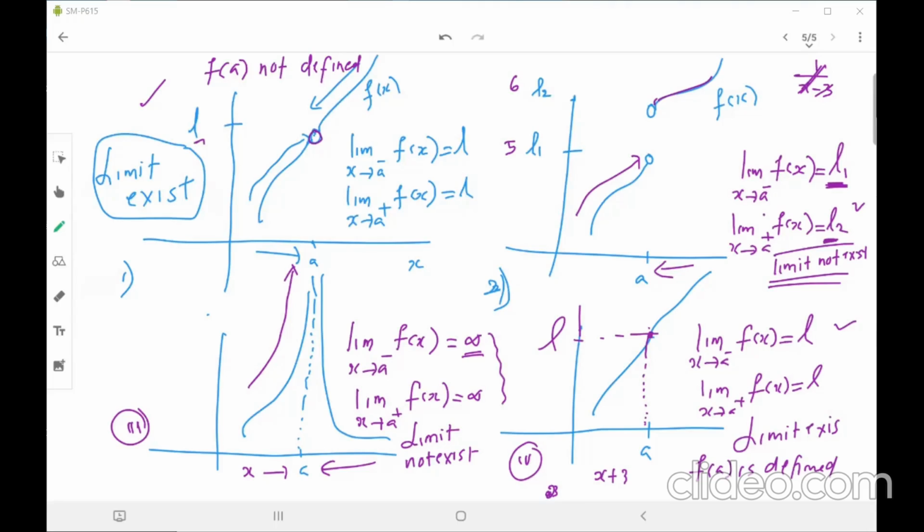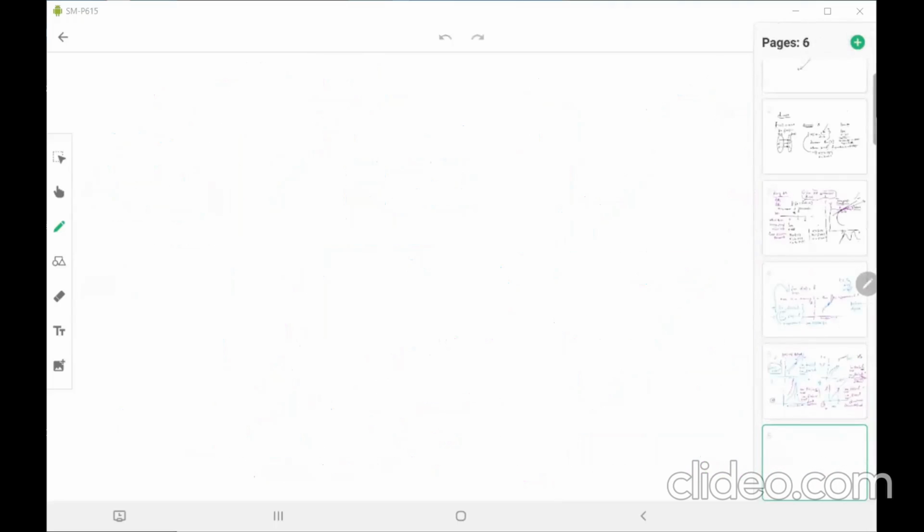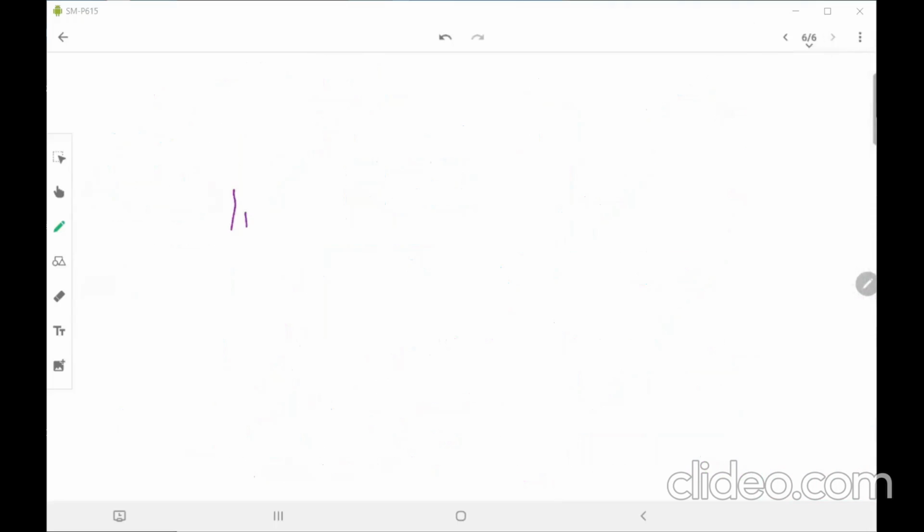Okay. So finally, I write the definition like this. In summary, this is the definition of the limit. Limit as x tends to a of f of x equal to L means L is a number and a is a number.